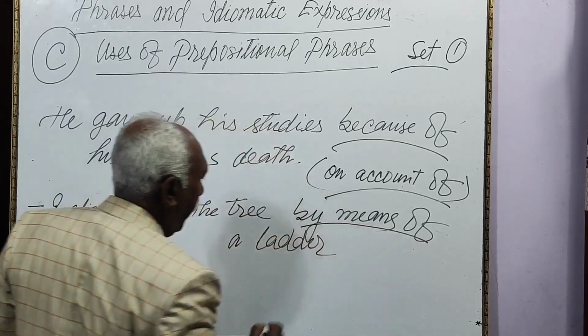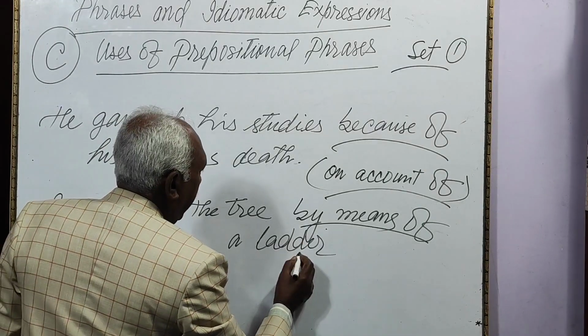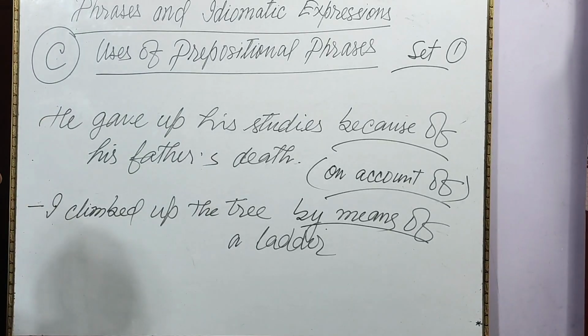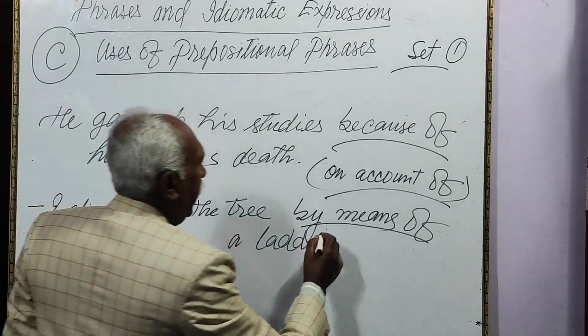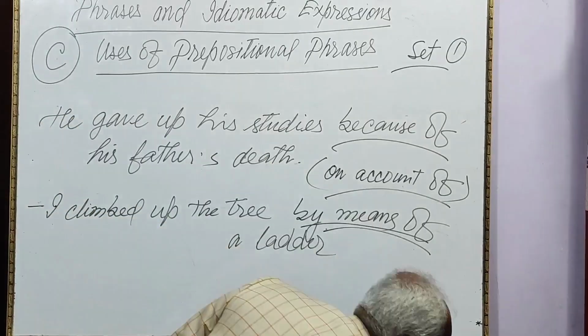By means of means के द्वारा. You can say के द्वारा. सीढ़ी से पेड़ पर चढ़ गया मैं. तो by means of a ladder means के द्वारा. By means of, that means के द्वारा.